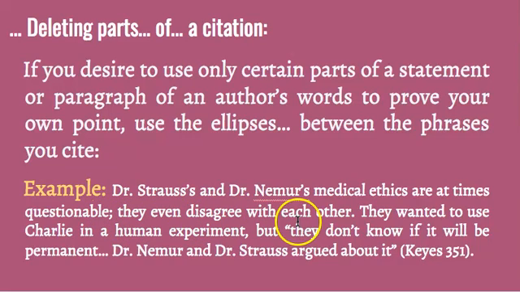They even disagree with each other. They wanted to use Charlie in a human experiment, but, quote, They don't know if it will be permanent, ... Dr. Niemer and Dr. Strauss argued about it, and then they gave the attribution here, telling who the author, page number, period outside. So right here, there was more information that wasn't necessary, so they left it out.